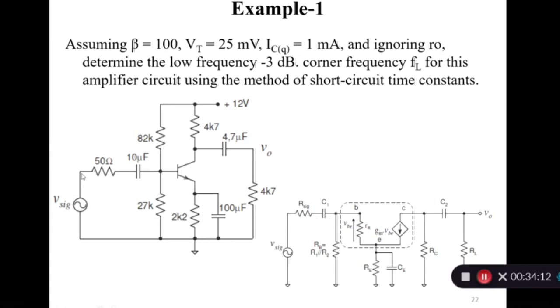R signal is given to you 50, plus R1 parallel R2, then calculate this. R5 is not given.